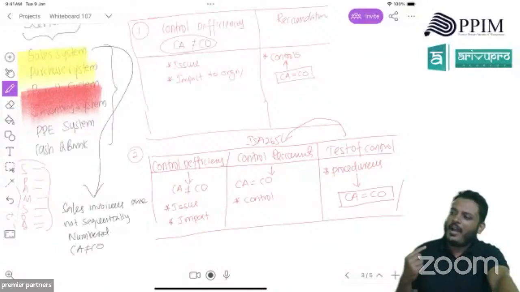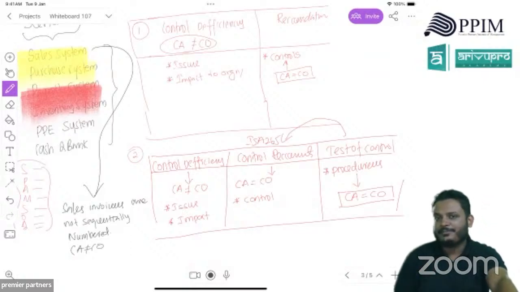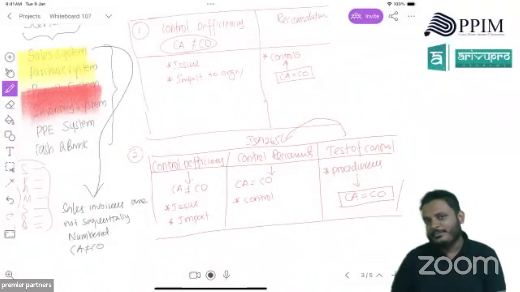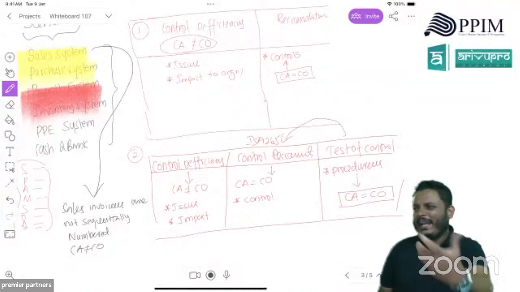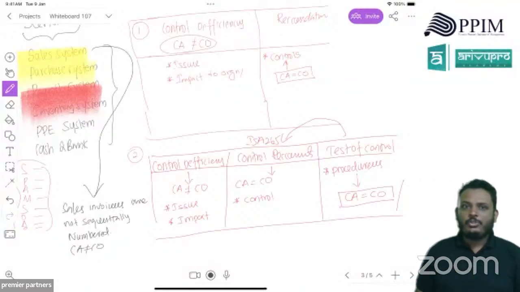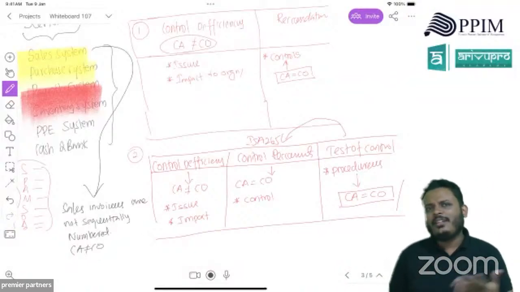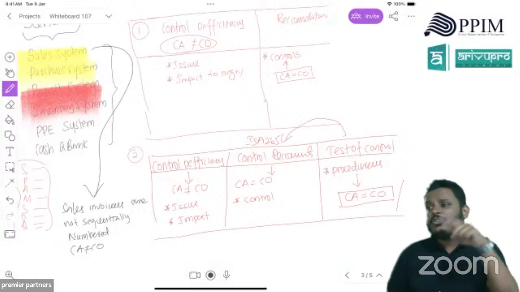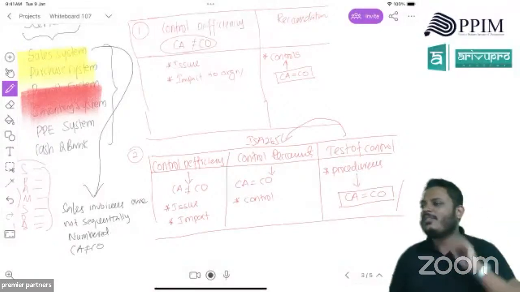So I should always check the assets at a service organization. If the A is correct, the accounts are correct. Simple analytical procedure. Once every month, if we do that, that's simple. And then I should check whether the controls related to the assets are good or not.